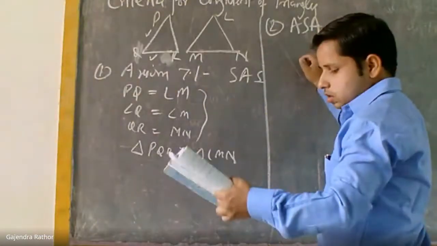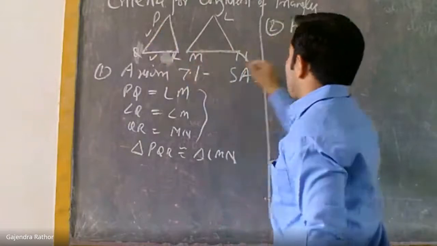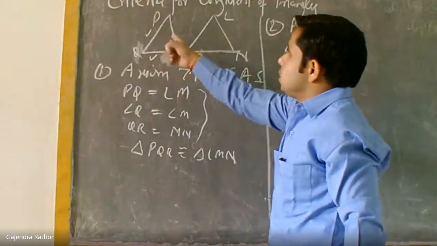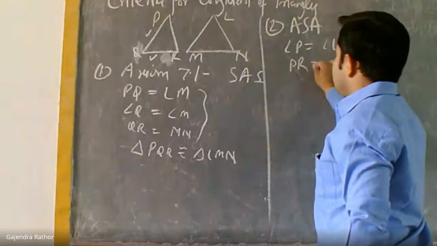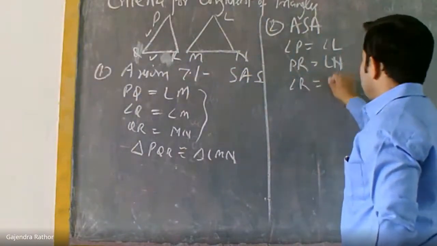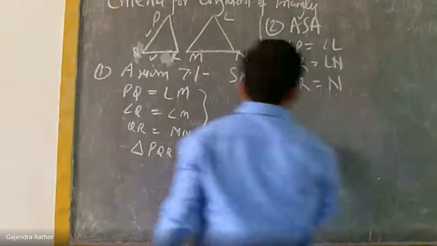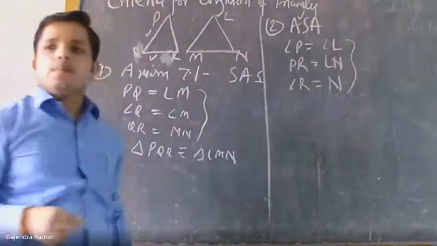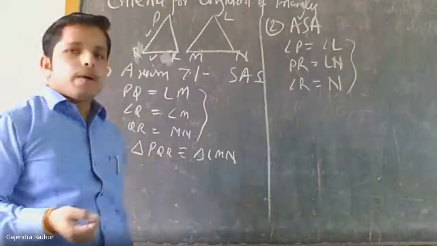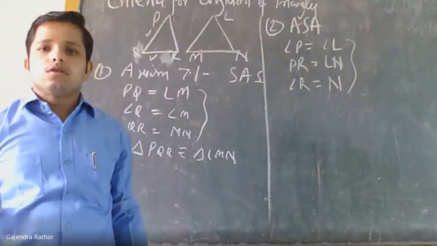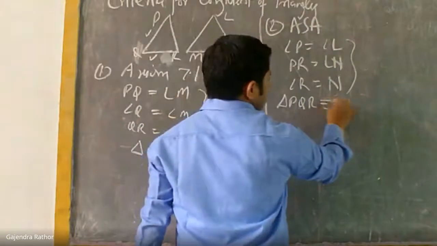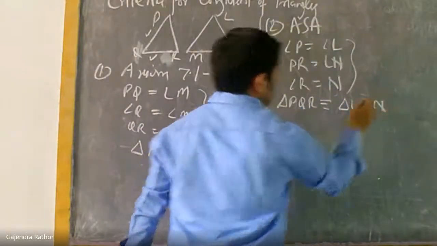Taking two angles, I select P and R. Angle P is equal to angle L, the included side PR is equal to LN, and the second angle R is equal to N. If these three parts are equal, the triangles are congruent: triangle PQR is congruent to LMN.